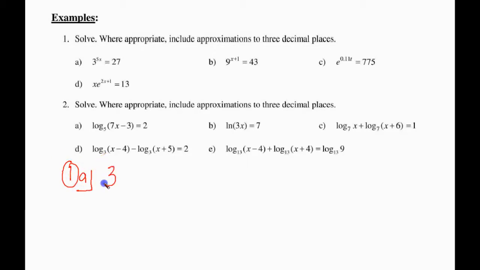And it's 3^(5x) = 27. Now, when we see a number that is a perfect cube, this is kind of easy to solve because you go 3 and then the exponent 5x equals 3 over here to the third.